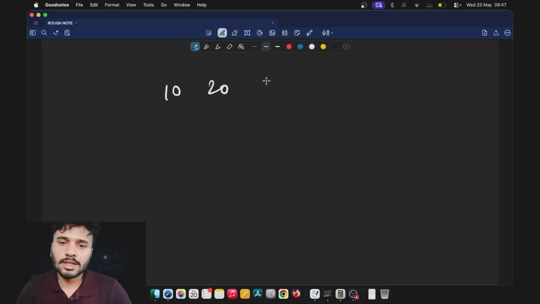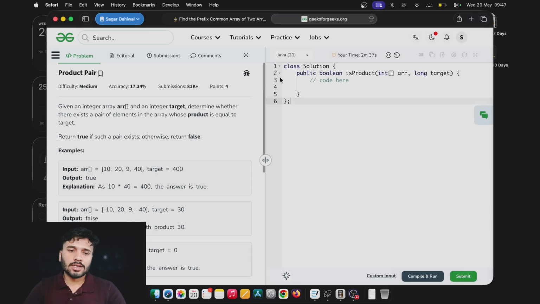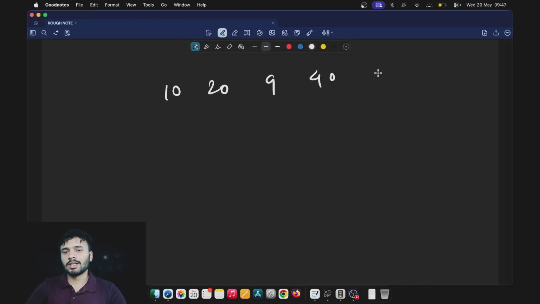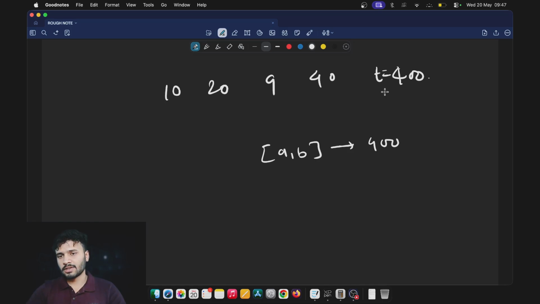10, 20, 9, 40, and the target is 400. So we know there is a pair A comma B which actually gives target 400. A into B is 400, right?